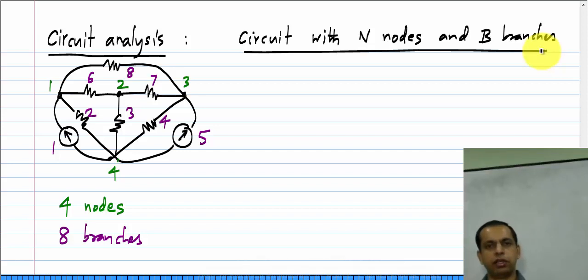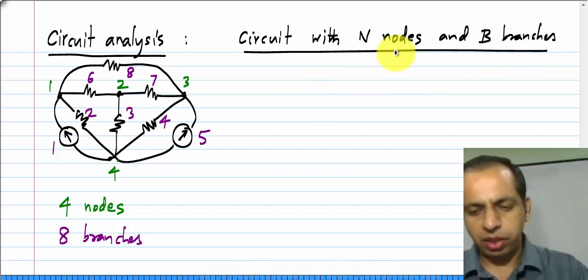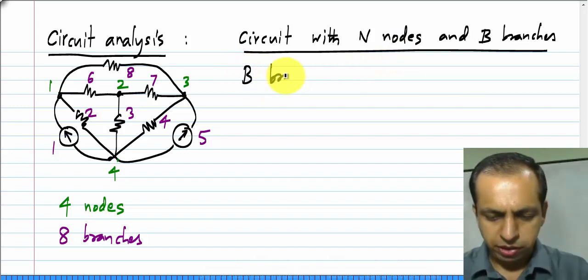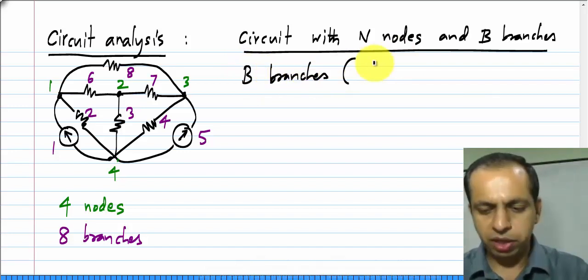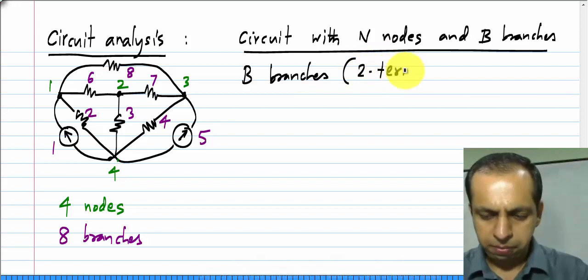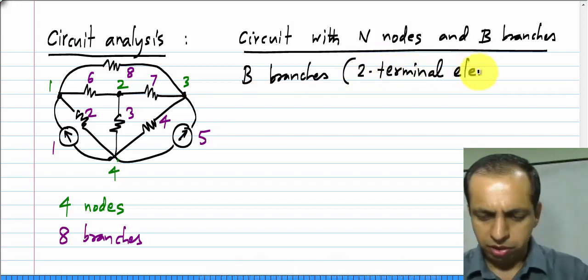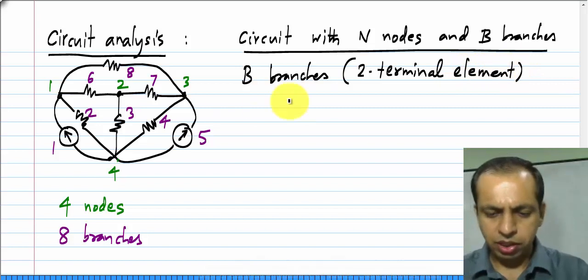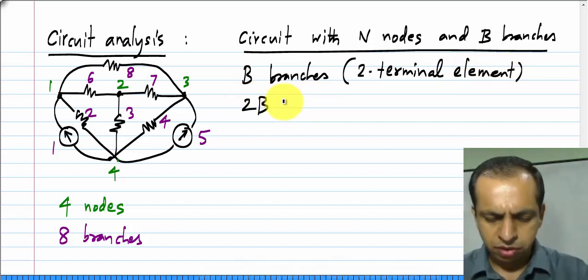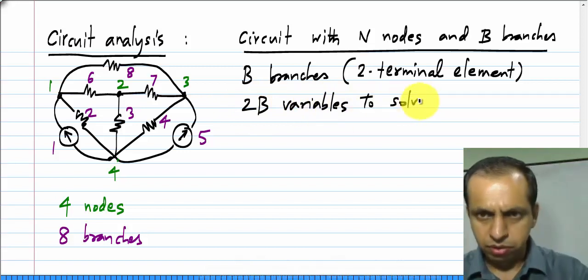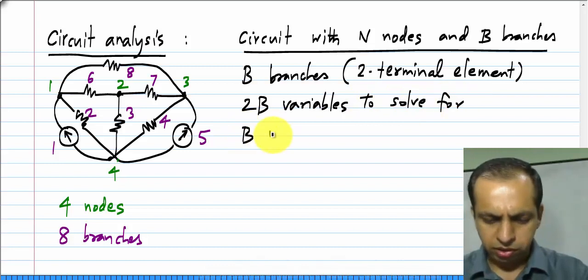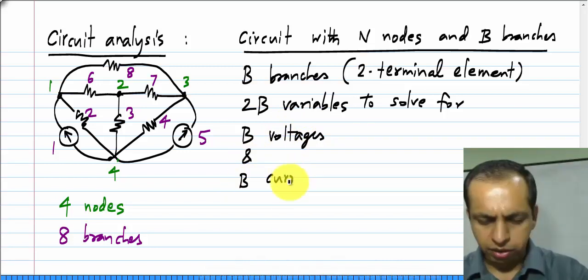For now, we will consider 2 terminal elements, but exactly the same thing can be generalized to a larger number of terminals. So, if we have B branches and each branch can be considered a 2 terminal element, then we will have 2B variables to solve for, basically B voltages and B currents.